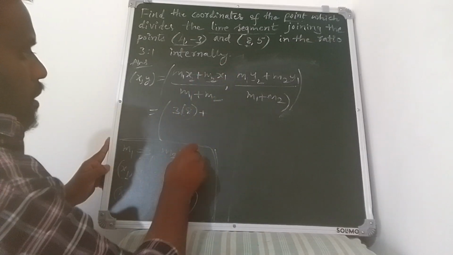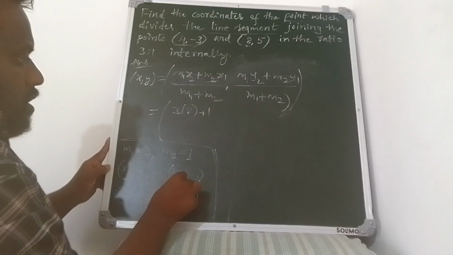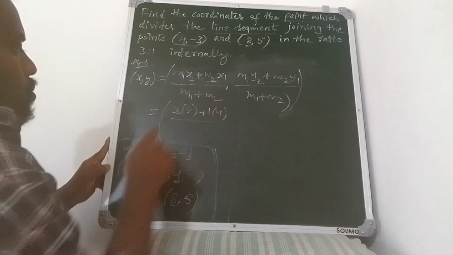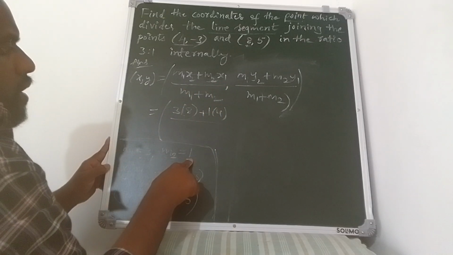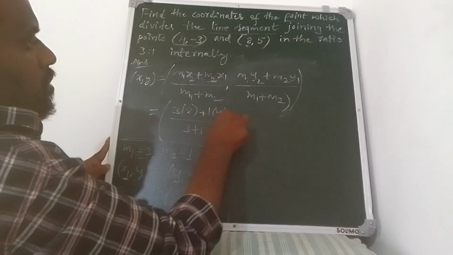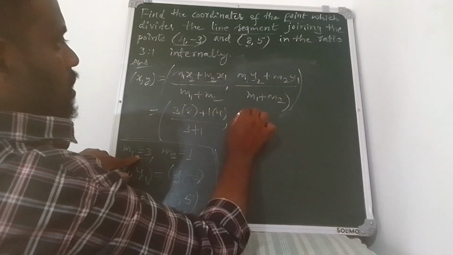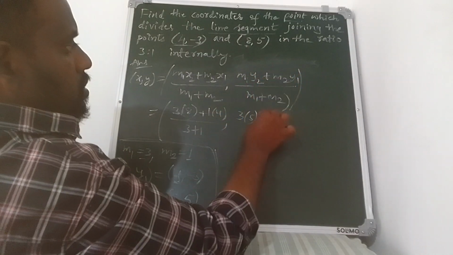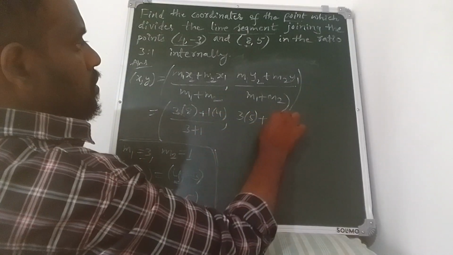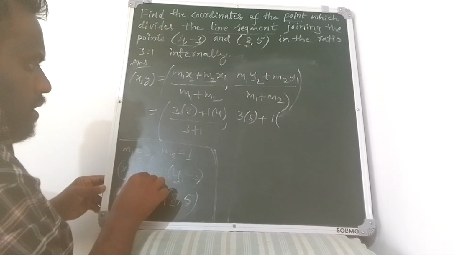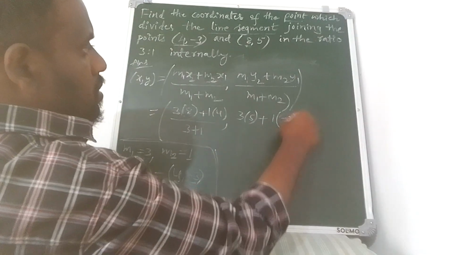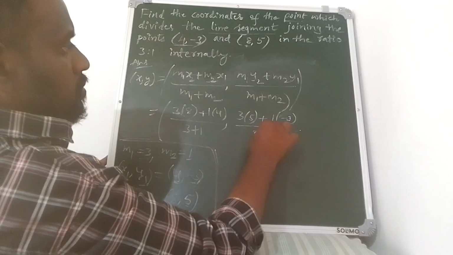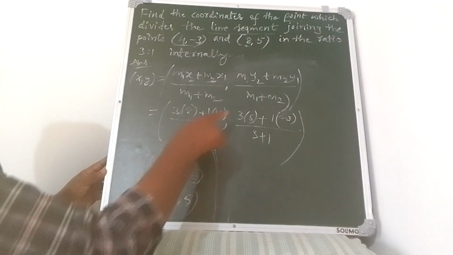Plus m2 is 1, x1 is 4, divided by m1 plus m2, which is 3 plus 1. Next, m1 is 3, y2 is 5, plus m2 is 1, and in place of y1 we have -3, whole divided by 3 plus 1. We have substituted these values into the formula.